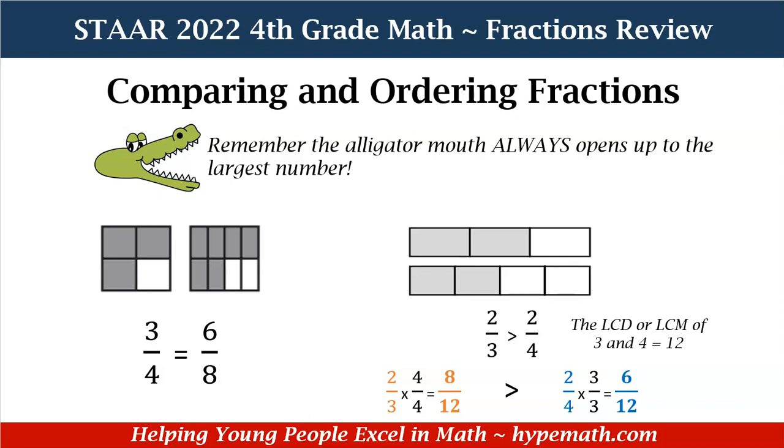That means what is the lowest or smallest multiple that both numbers can go into evenly, and that is 12. So now I'm going to create an equivalent fraction where my denominator for both fractions is the same. Let's start on the left-hand side with 2/3, and it's color-coded in orange for you to follow along. We have 2/3, and we're going to multiply our numerator and denominator by 4.